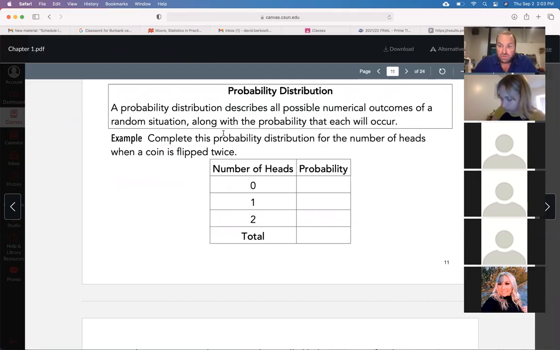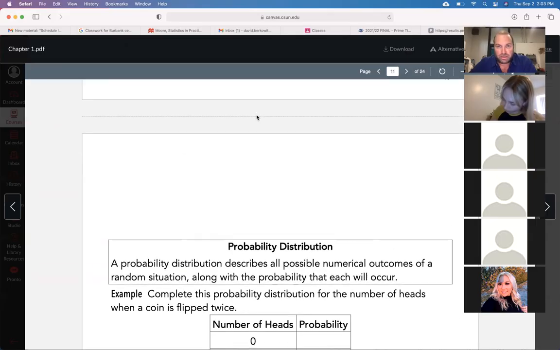So just like the word distribution signifies how something is distributed, what a probability distribution describes are all of the possible numerical outcomes of a random situation, and associates each one with the probability that that outcome actually occurs. Now, the key here is it has to be numerical outcomes.